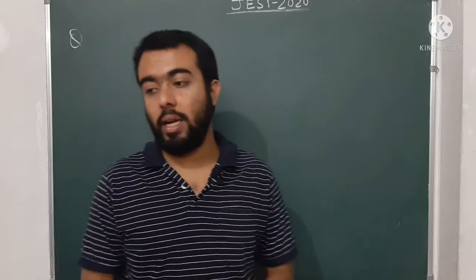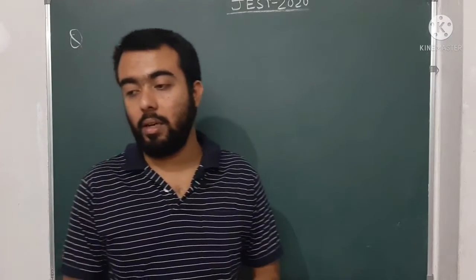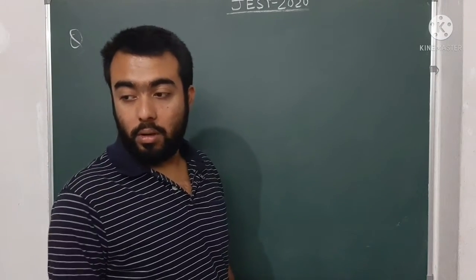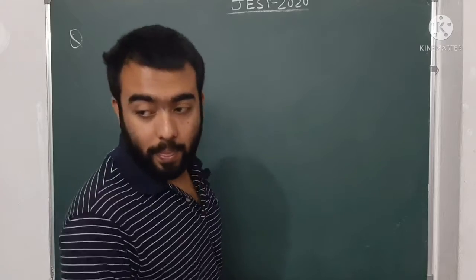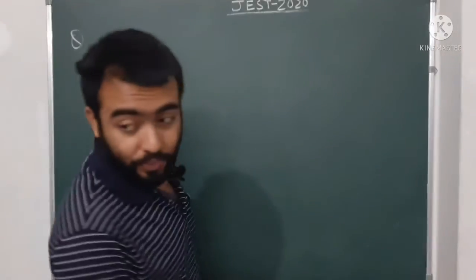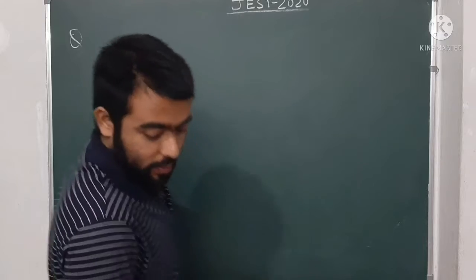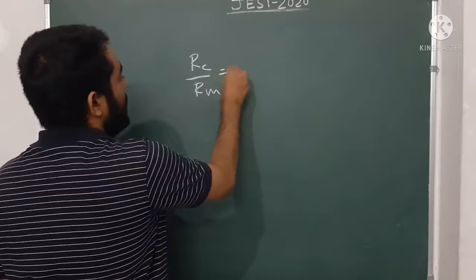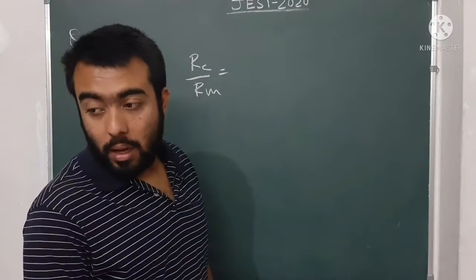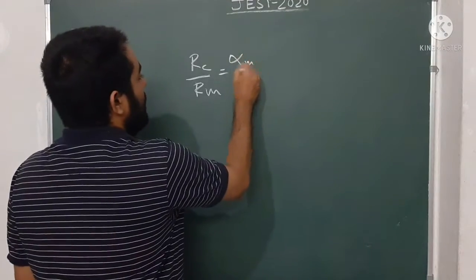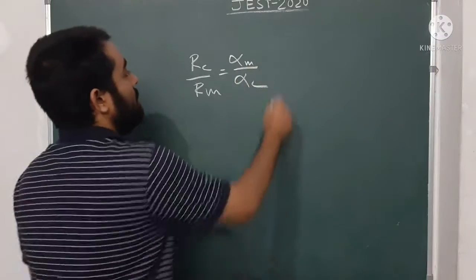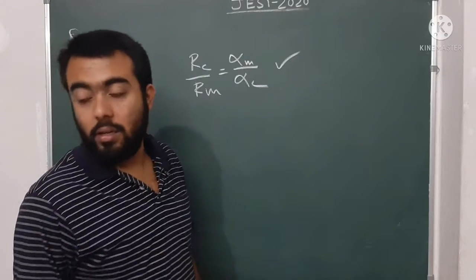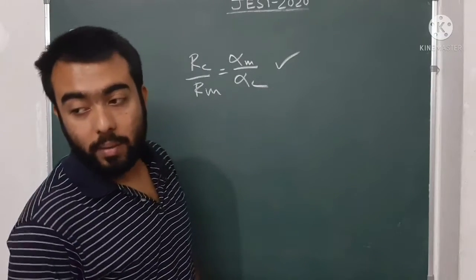The condition that the net resistance would be independent of temperature: Rc by Rm is inversely proportional to alpha m by alpha c. Okay, this is the result. This is the condition so that the net resistance would be independent of temperature.